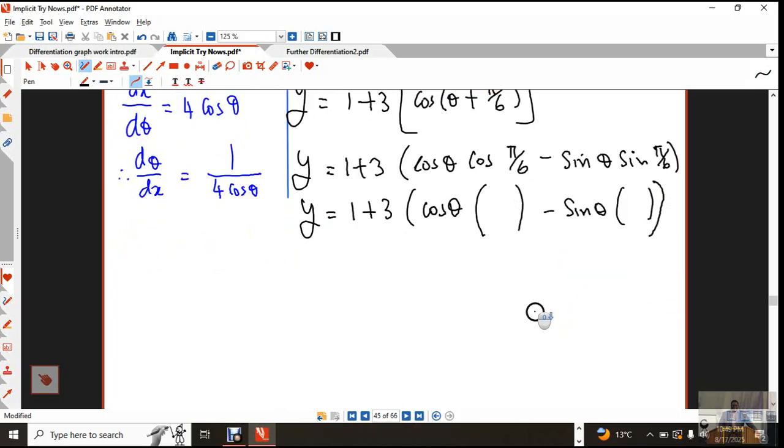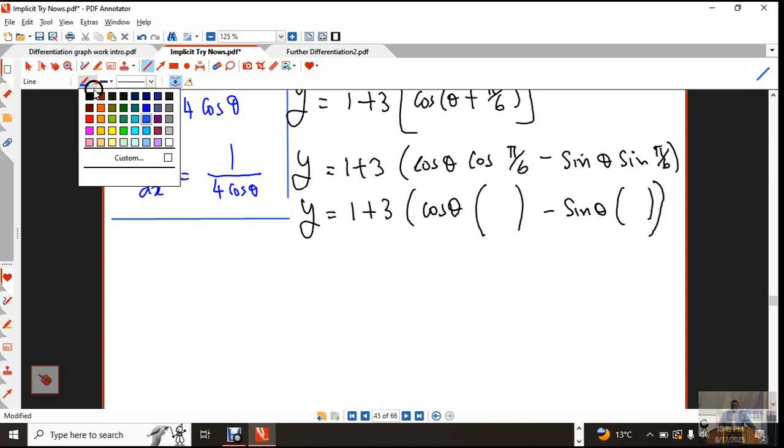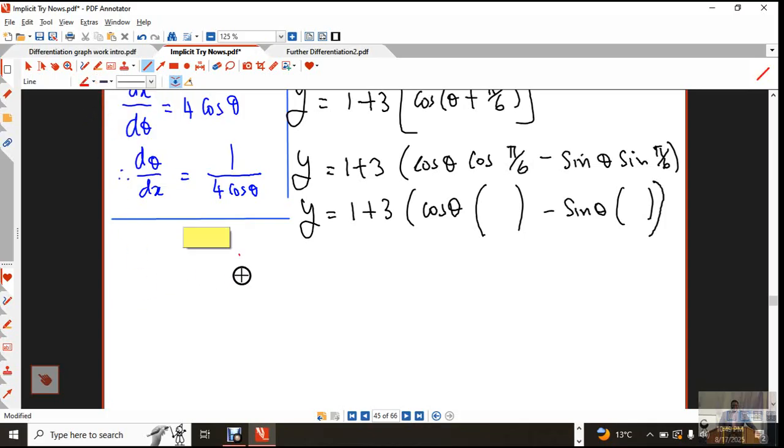If you had a triangle like so, let's say that's pi upon 2 or 90 degrees.